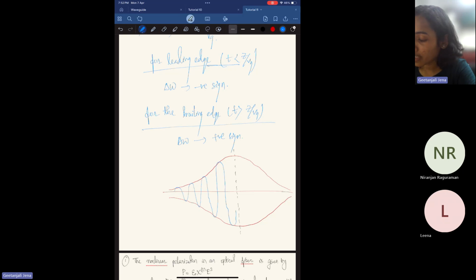Decrease in the frequency means increase in the wavelength, right? And for the trailing edge, delta omega is positive, which means the frequency is increasing, so we'll have frequency components that are closely placed to each other.